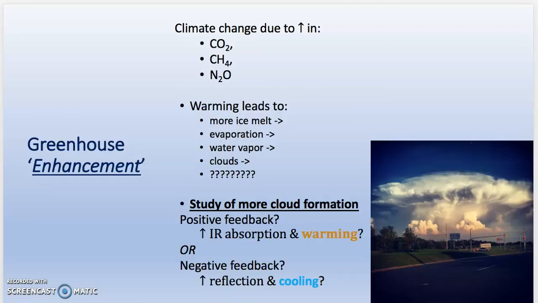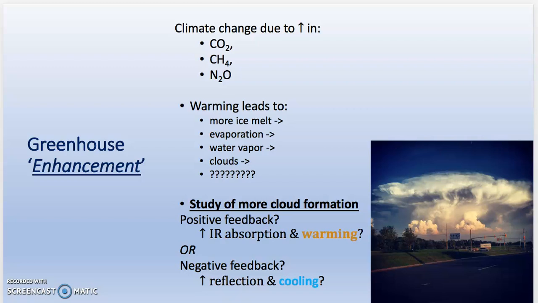Climate change, we know, is due to increases in some of these greenhouse gases that are related to human impact. Some of those greenhouse gases are carbon dioxide, methane, and nitrous oxide. Methane is often associated with ranching and agricultural farming, especially meat farming and cattle raising.